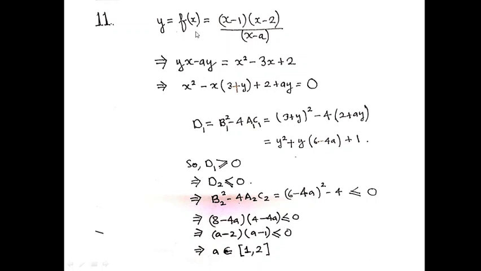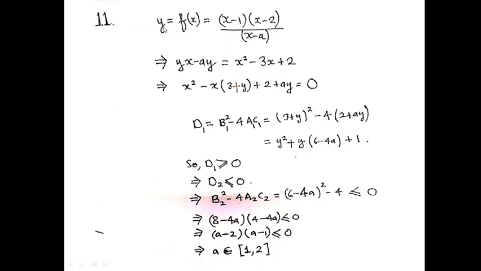y = f(x) = (x - 1)(x - 2)/(x - a). What we do here is we are given a function y = f(x), and now we'll write the equation for x in terms of y.